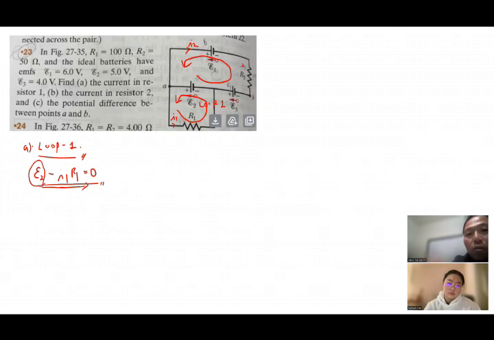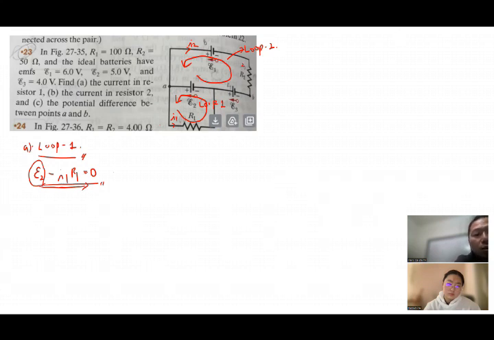This is loop two, and this is loop one. Loop two has only one current, the I2. Let's assume those two separate paths for now, and later on, I'll show you how those currents combine along the path along the E2.